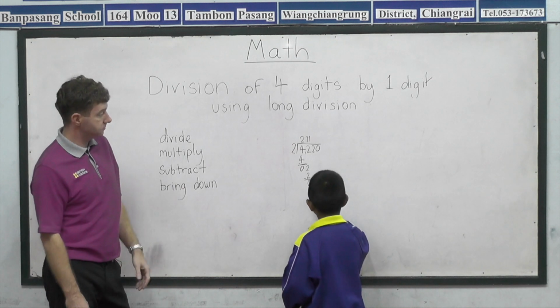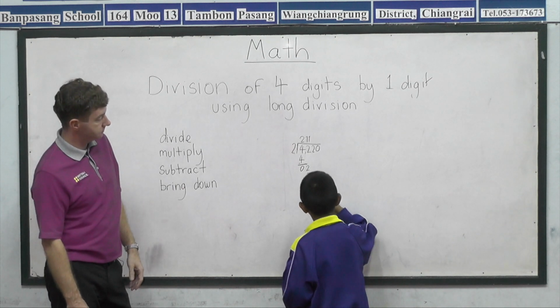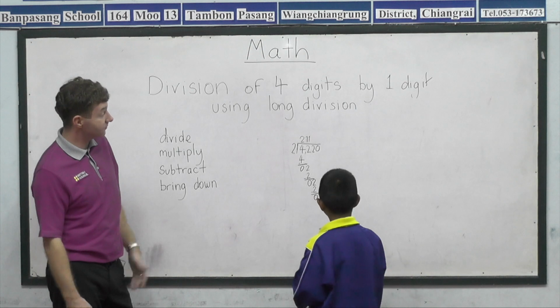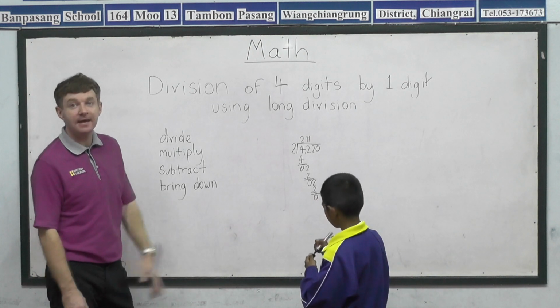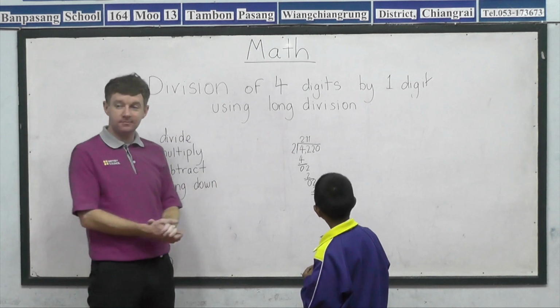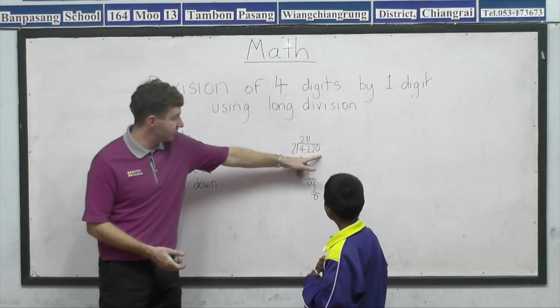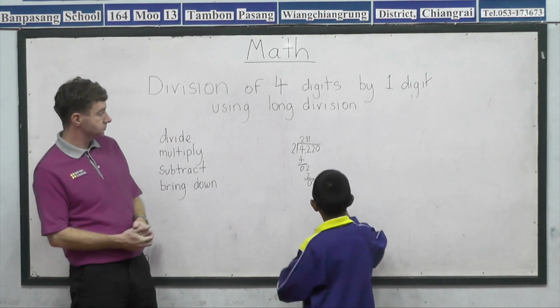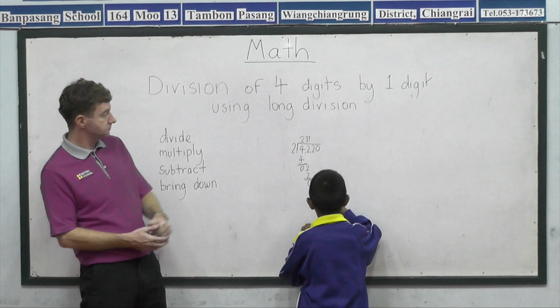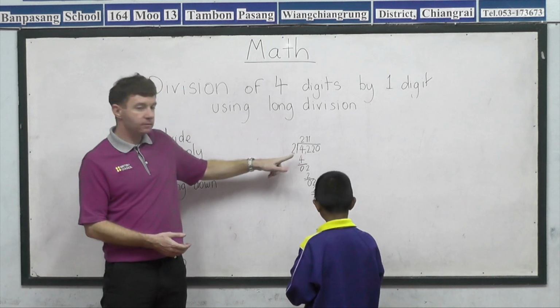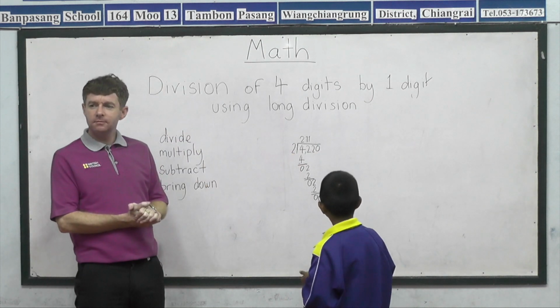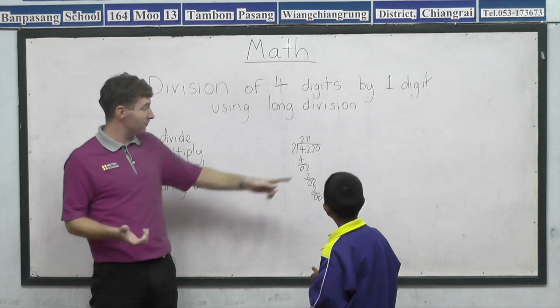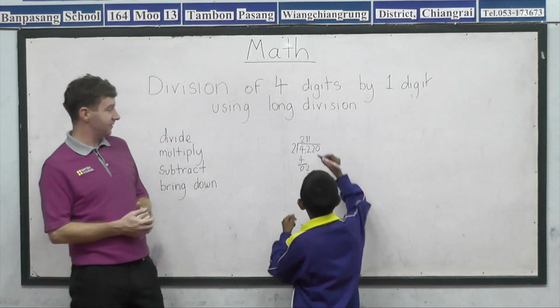Excellent, Pat. So now we're ready to bring down again. What's our final digit? 0. So let's bring down 0. 0 divided by 2 equals 0. We cannot do it, so 0 goes in here.